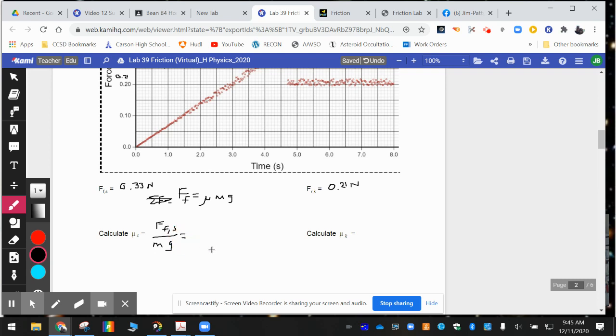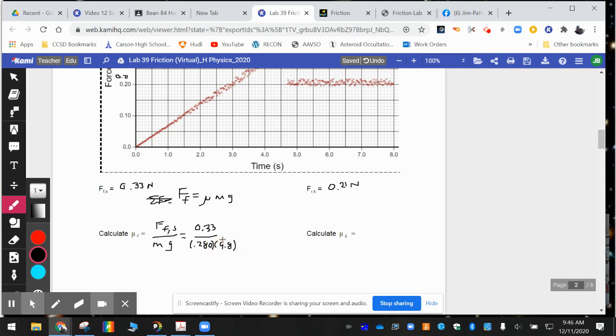So in our example here, what's static force? 0.33? 0.33. Good. Divided by, what was the mass of our block there? Yeah, 0.28. Good. 0.280. Yeah, you're right. You got it. 0.280 times 9.8.